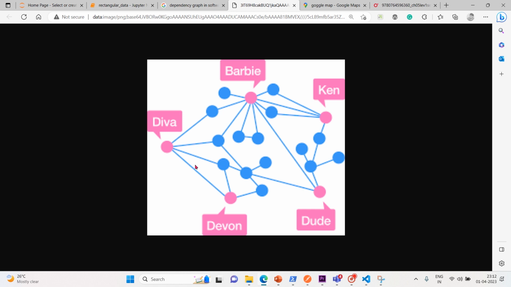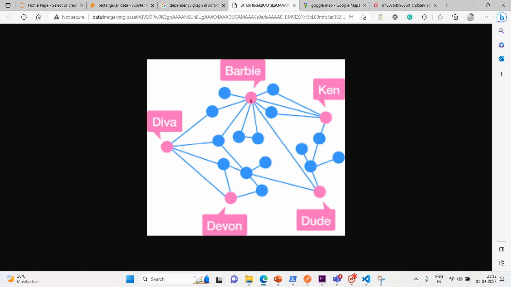which makes the relationship. Now Barbie is connected with our points of interest. Our points of interest are Barbie, Ken, Dude, Devon, and Diva. These are all marked in pink, and the remaining are in blue. These are not of interest to us.